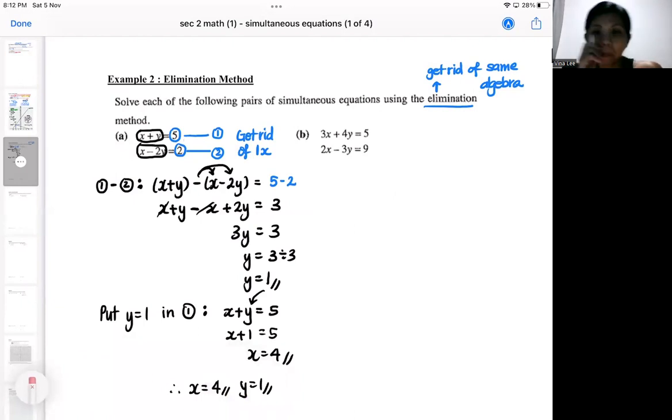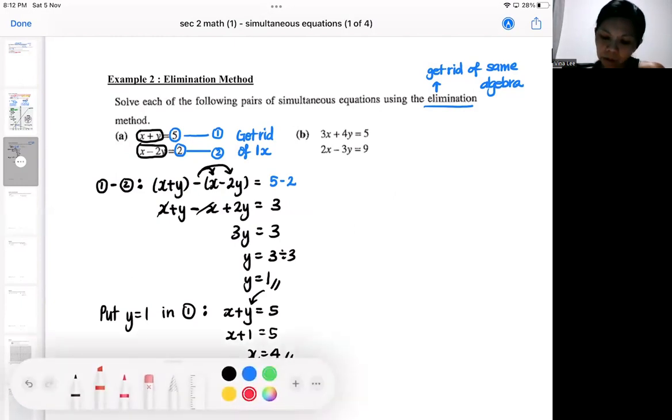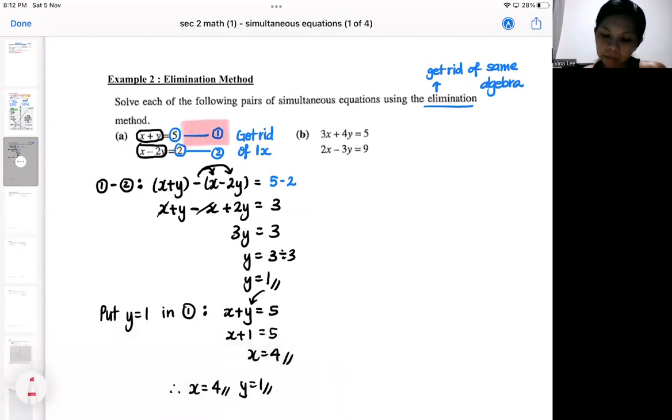So before I go to part B, I want to emphasize, I want to see your equation 1, equation 2. I would like you to tell me, are you subtracting the equation? It can be adding the equation. In the next example, I'm going to show you the adding of the equation.